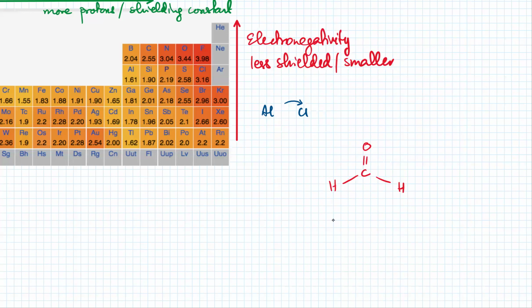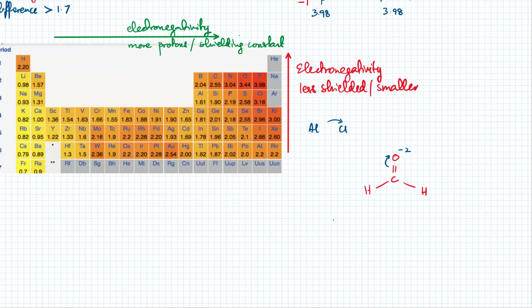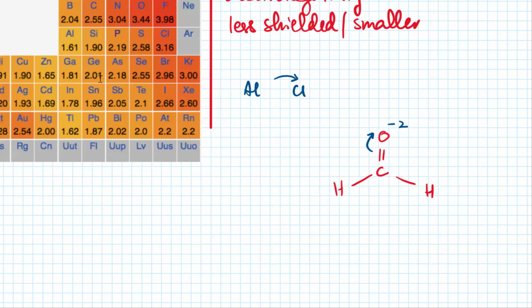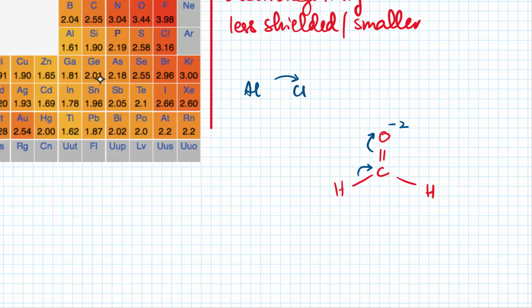Can you quickly tell me, oxygen is more electronegative than H, right? So these electrons are closer to oxygen, so oxygen will be -2. Between C and H, who's more electronegative? C is 2.55, H is 2.2. So C is more electronegative, so these electrons will be closer to C. So this is +1.